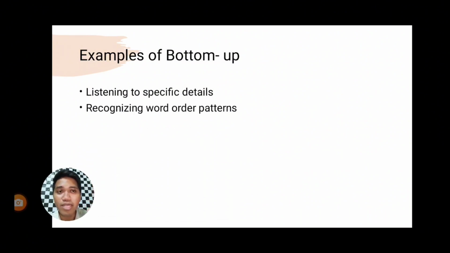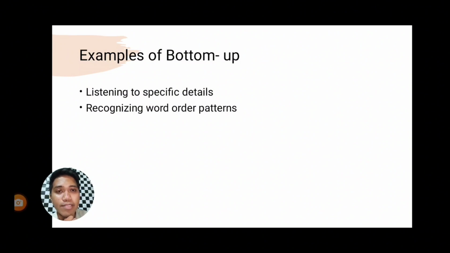So when you listen to a certain text and you notice a certain pattern, you are creating a certain interpretation that this is what he or she, or the text, is trying to tell me. That is recognizing word order patterns.